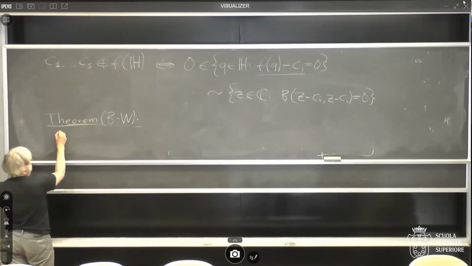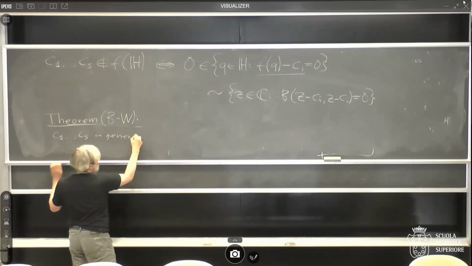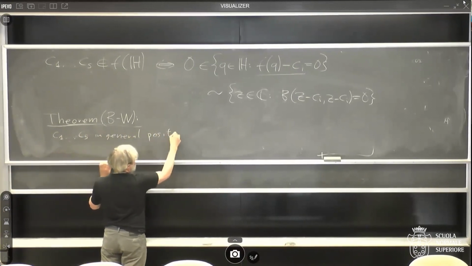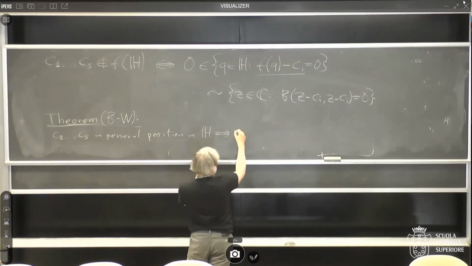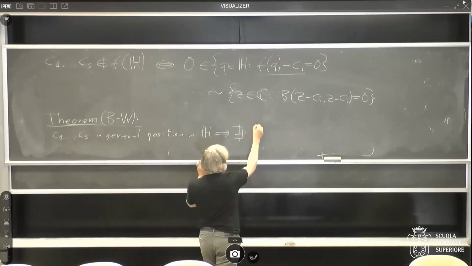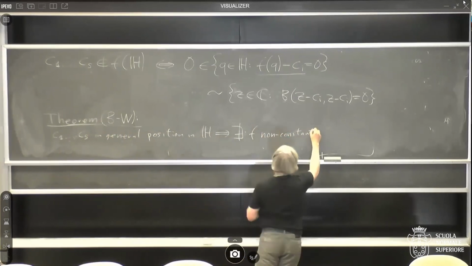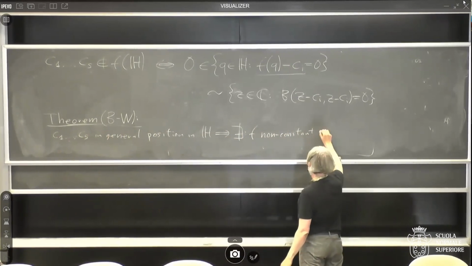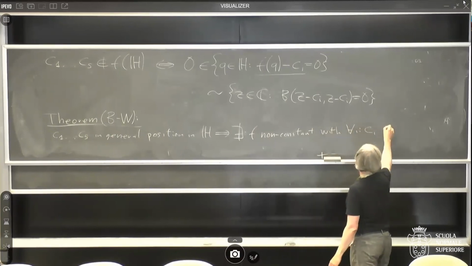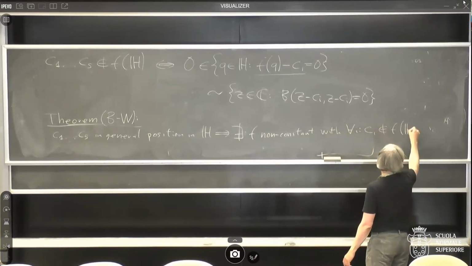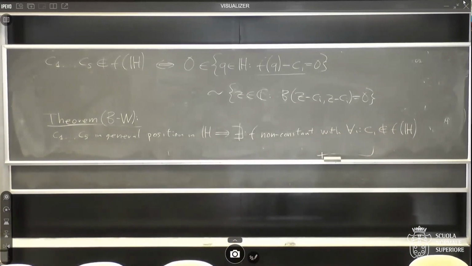So if c1 to c5 are in general position in H, this implies that there does not exist any non-constant f which avoids all these points. It's not possible to avoid 5 points in general position.